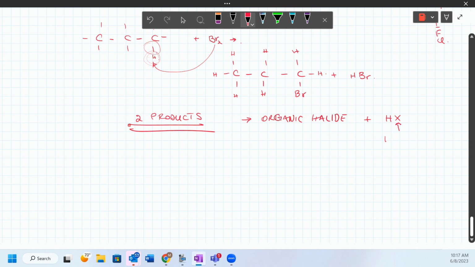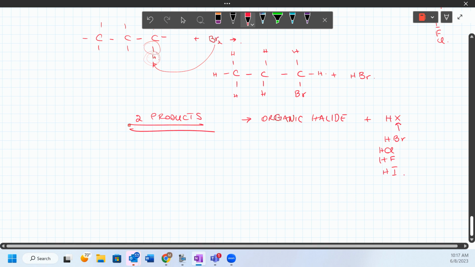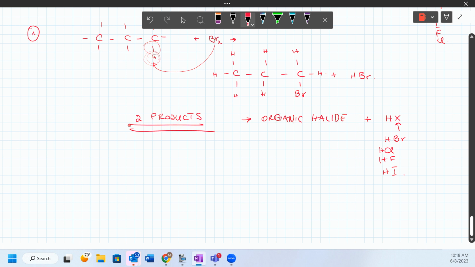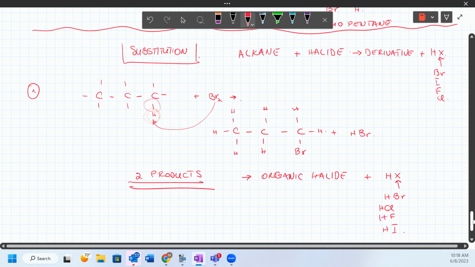So it's either HBr, HCl, HF, or HI. Okay? So this is the very first type of substitution reaction.